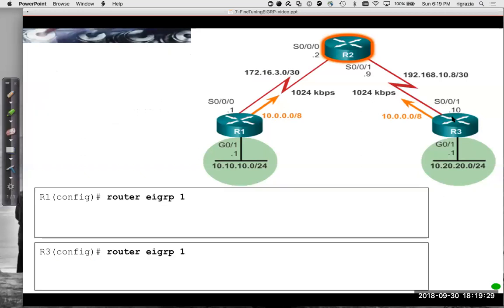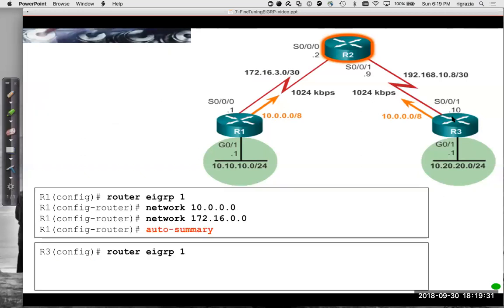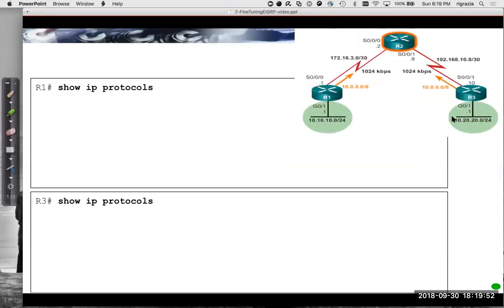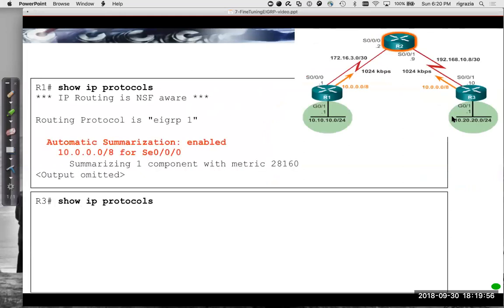We notice that they're both doing auto summary, so they're both advertising the same class A network, even though they have different subnets, 10.10.10.0/24 and 10.20.20.0/24. The problem is that we have automatic summarization enabled.